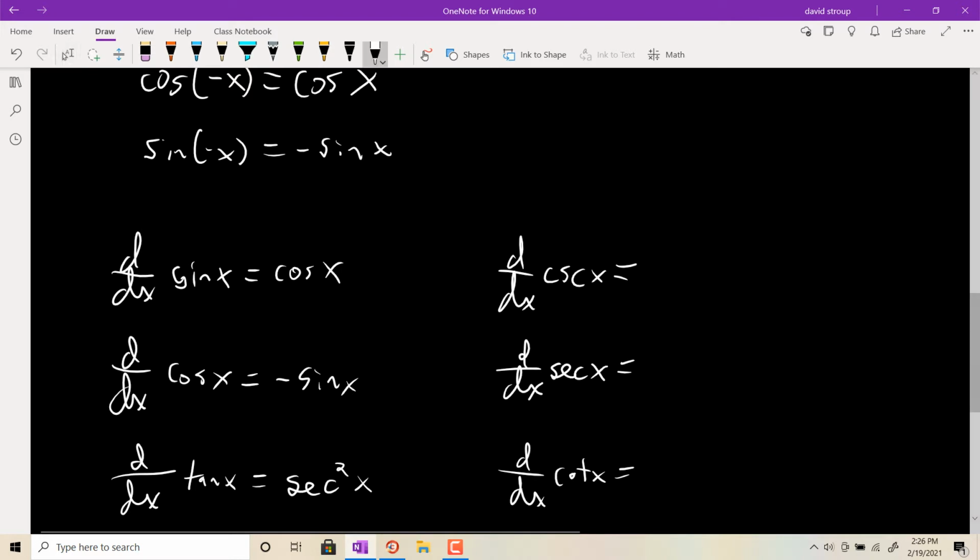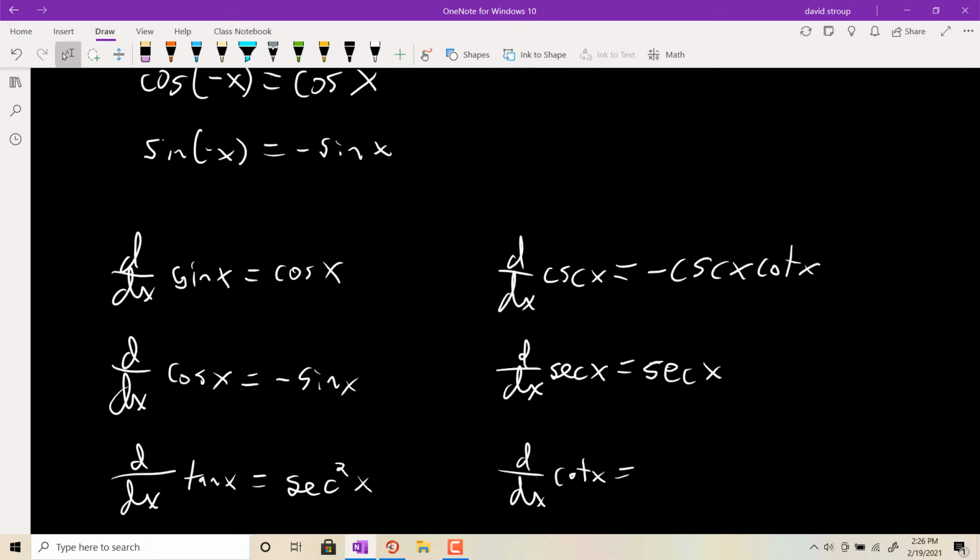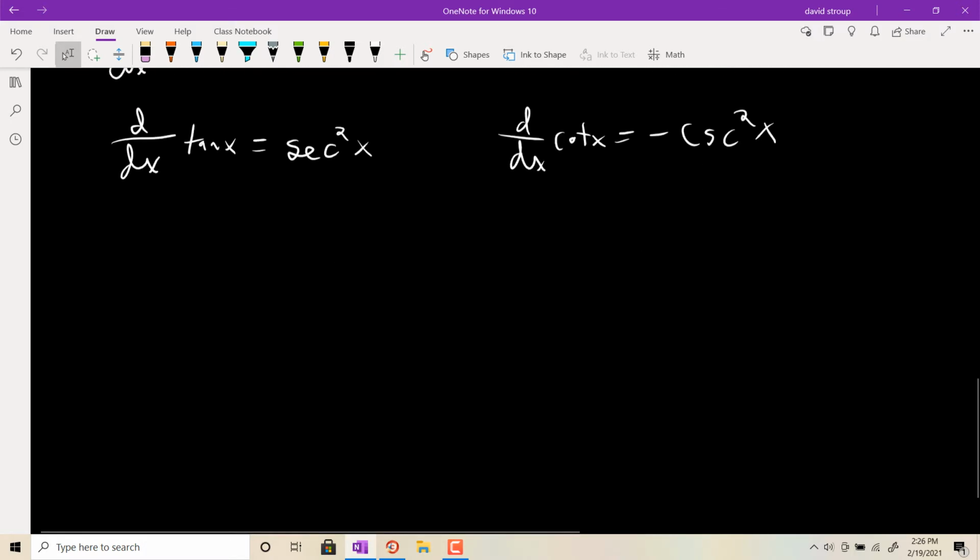All right. Anyways, then this will be negative cosecant x cotan x, and then this is positive secant x tan x, and then this is back to negative cosecant squared x. Okay. And then if you know the derivatives, you should automatically have the integrals.